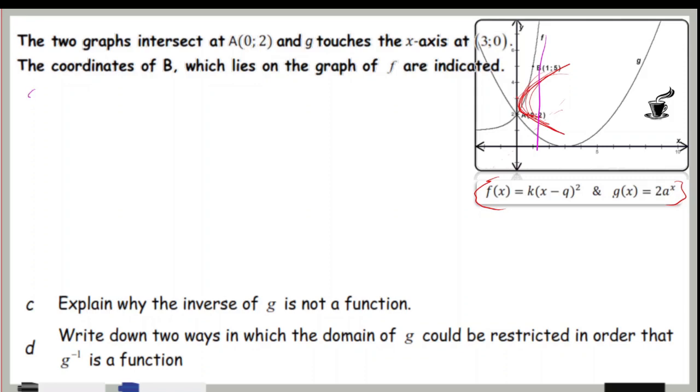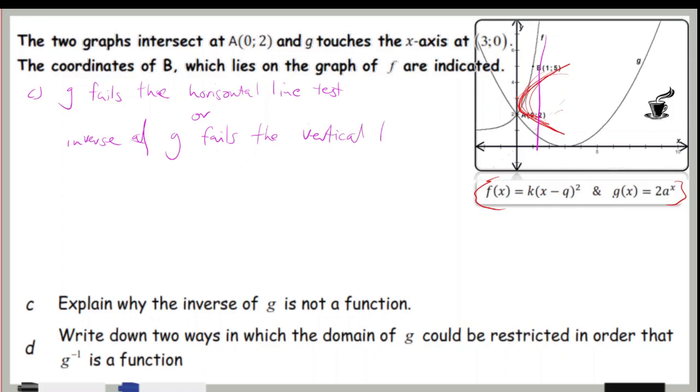So one way of putting it is g fails the horizontal line test, or the inverse of g fails the vertical line test, or we can say the inverse of g is a many to one function.